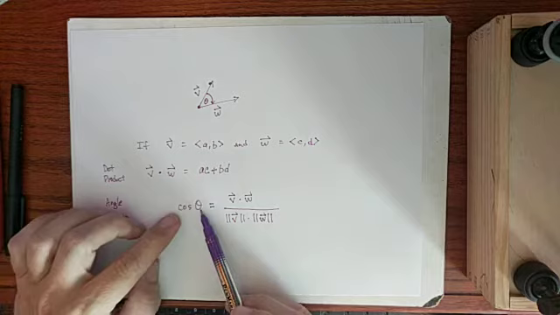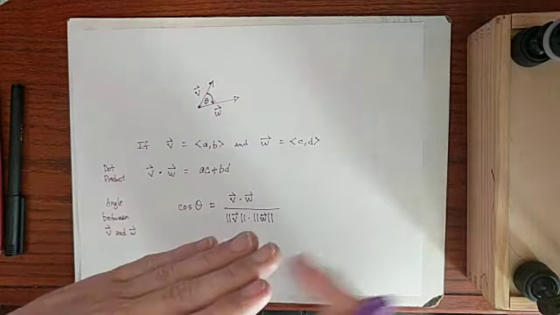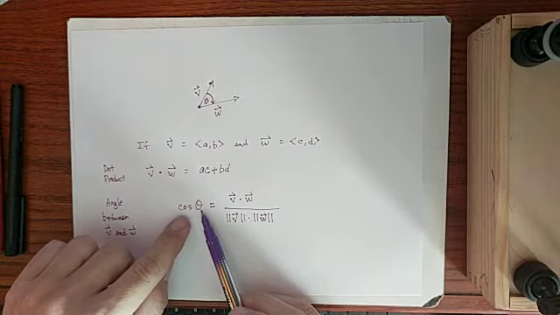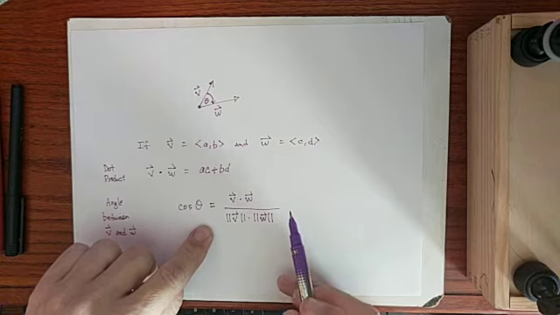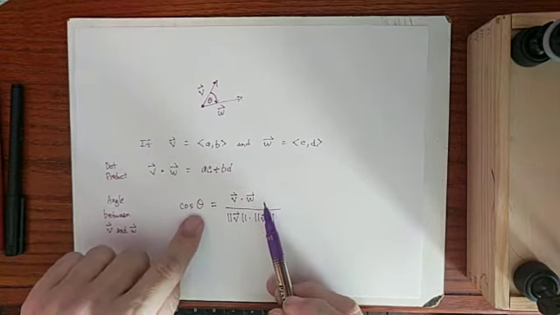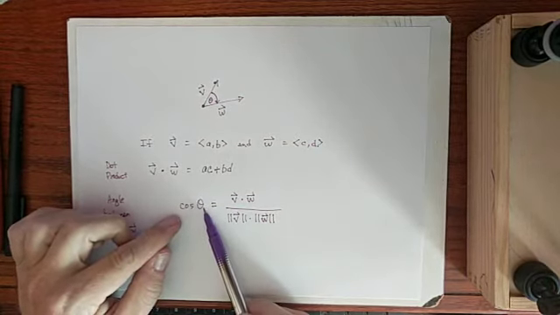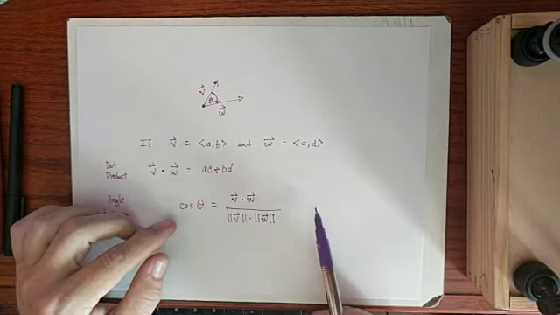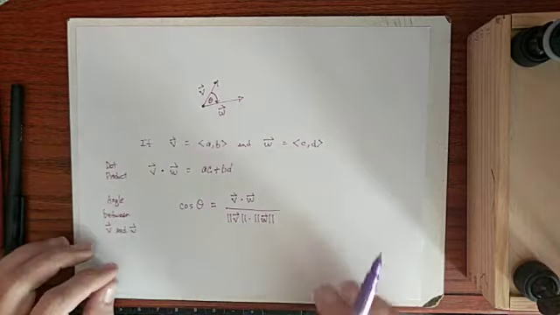If the cosine turns out to be 1, then it's 0 degrees, the vectors are going in the same exact direction. If the cosine turns out to be -1, it's 180 degrees, so that means that the vectors would be going in opposite directions.